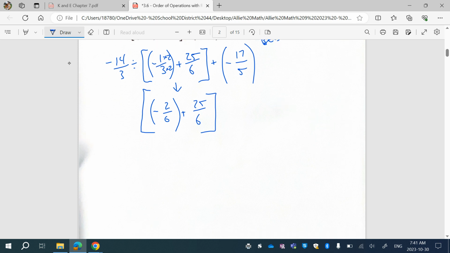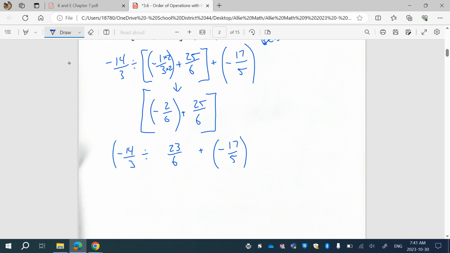And now we can do negative 2 plus 25 is going to give us 23 over 6. And we're going to keep it as is in proper way because we can do that last step at the very end. So now we've got negative 14 over 3 divided by 23 over 6 plus negative 17 over 5.